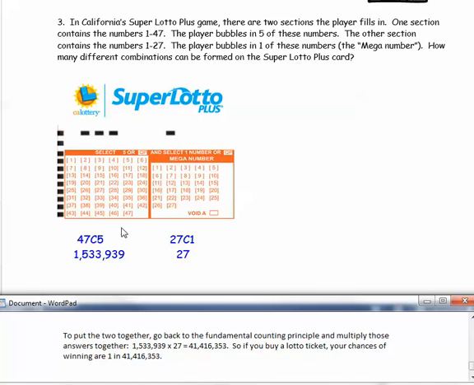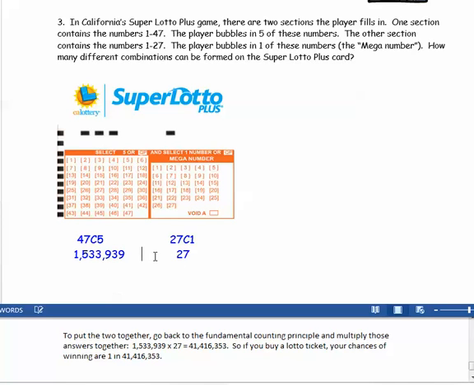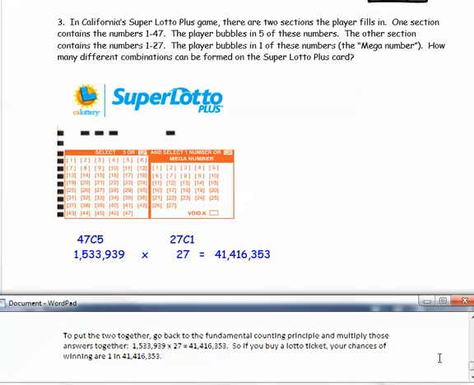So if we multiply those 2 answers together, that gives us an answer of 41,416,353. So if you buy a lotto ticket, your chances of winning are 1 in 41,416,353.